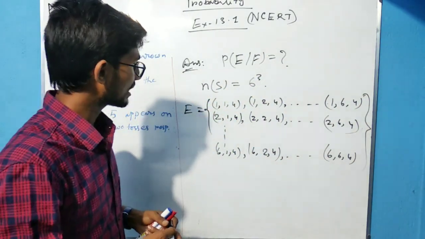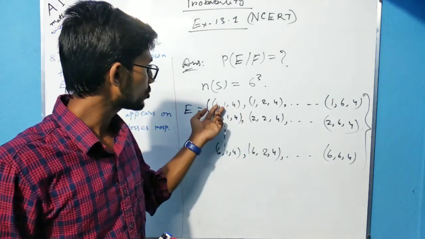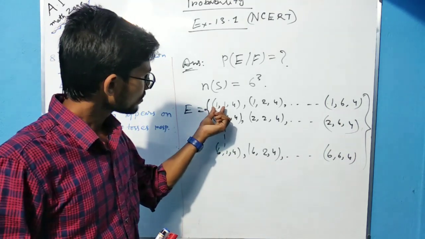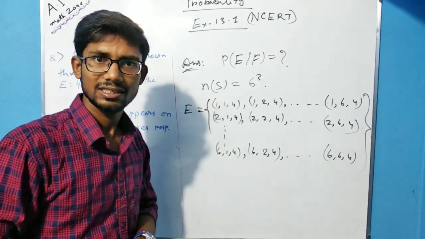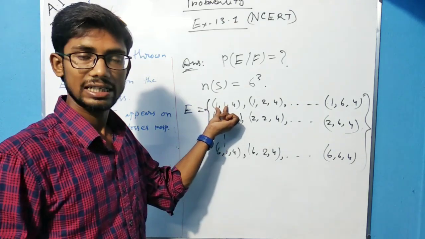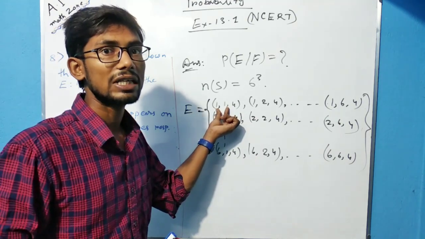So how many elements are there? See here, the third number is fixed and the first 2 numbers are varying, right? So there are 36 elements. Why? Because the first 2 places can be filled with the numbers 1 to 6 in how many ways?